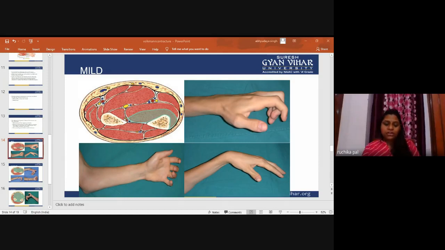Now, what are the outcome measures? What are the functional outcome measures of this?